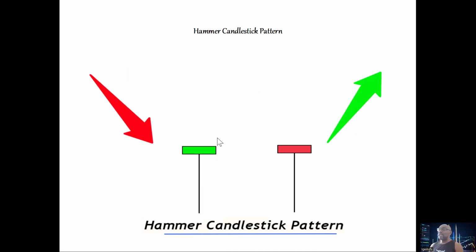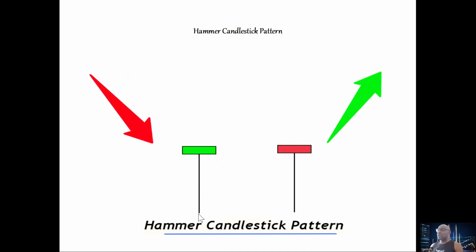Once you see this at a support level, it means that a bearish trend is about to turn bullish. Why? Because the sellers were pushing the price to the downside. This is the story behind this hammer candlestick pattern, all right? Sellers were pushing the price to the downside.